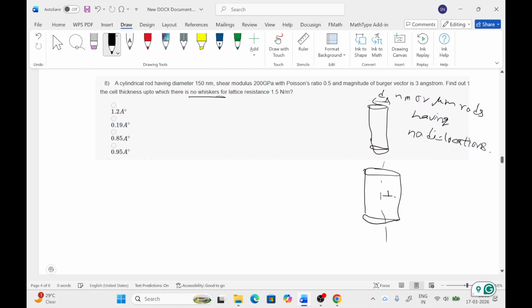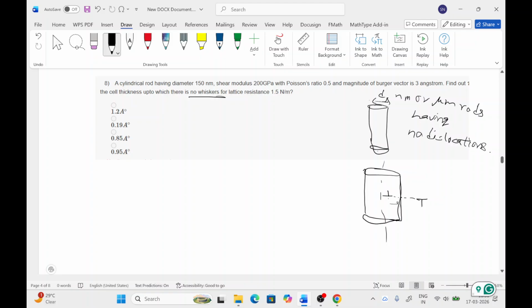This dislocation feels some surface force, because of that image force, this dislocation is attracted to the surface and annihilates at the surface. To calculate that image force, we consider that some imaginary dislocation of the opposite sign is sitting at the same distance from this surface in the opposite direction.